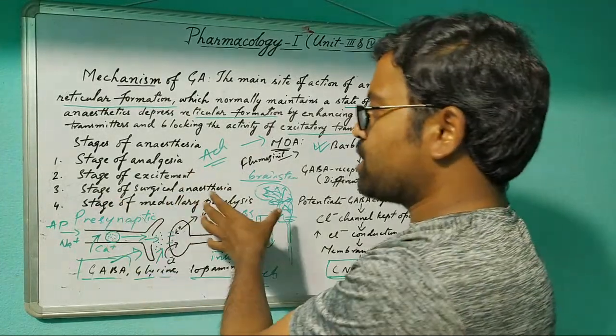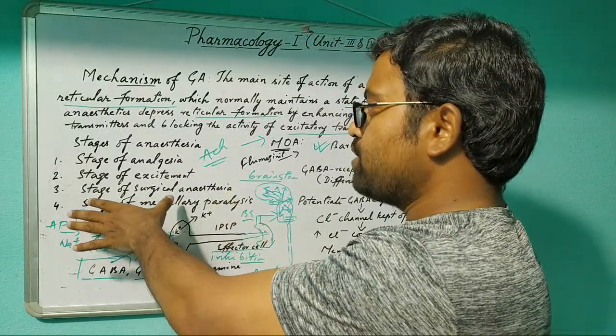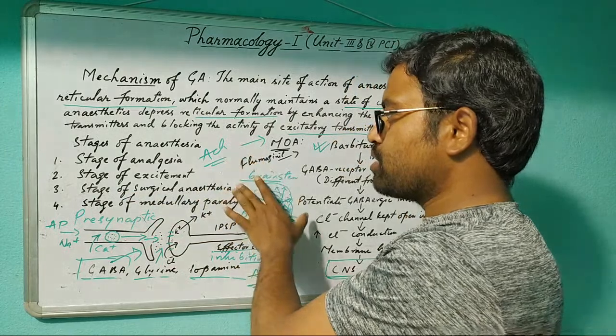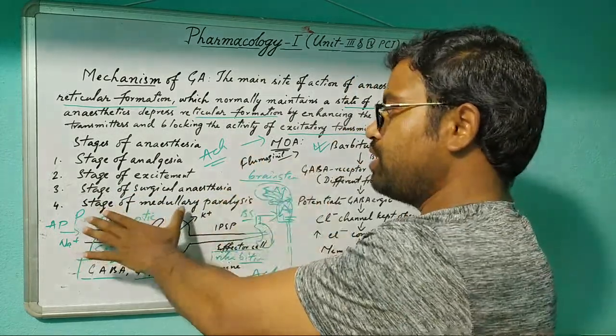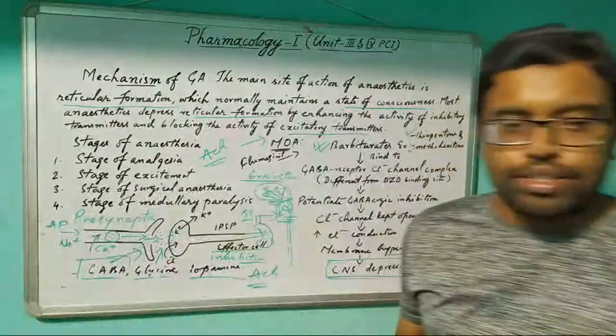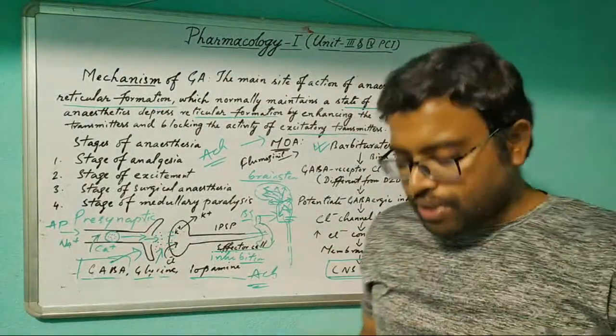Then the stage of surgical anesthesia, stage 3, in which doctors do surgery. Then the stage of medullary paralysis, which may occur after completion, so we should recover the patient from that.